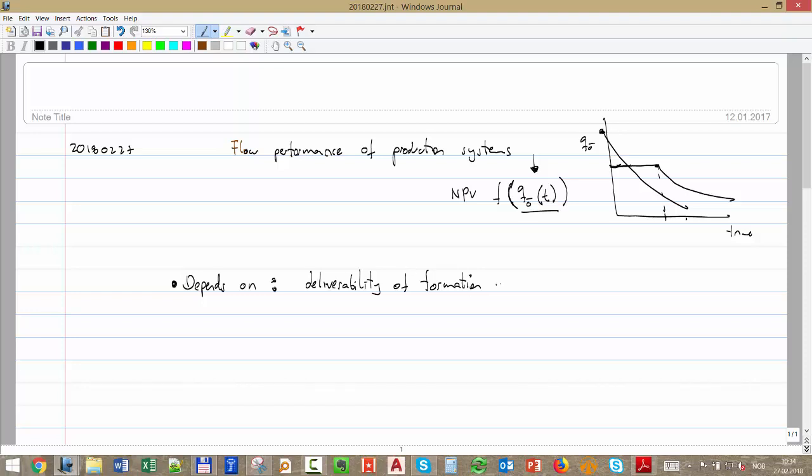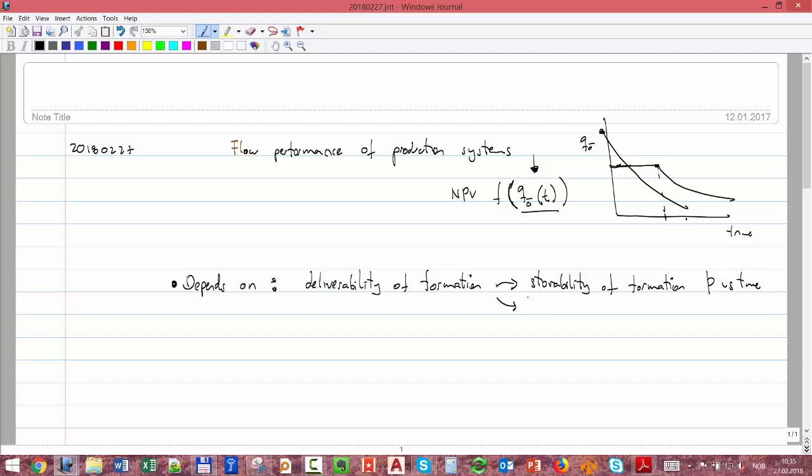So one of them is deliverability of the formation. You have two processes. First, if we can decouple that, as we already discussed in the tank model, we have the storability of the formation. That means basically the behavior of pressure versus time, depending on how much hydrocarbon you have.